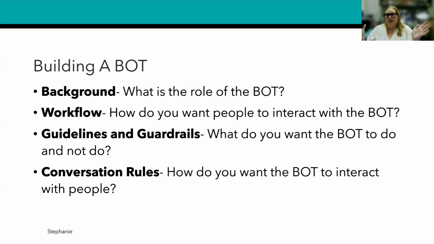What do you want those guidelines and guardrails to be? What do you want it to do or not to do? Those are the kind of conversations you need to have in your head before you start a bot. And then how do you want that bot to interact with people? What are those conversation rules that you want to have? So it's a good idea to think about those things before you even sit down and start a bot.